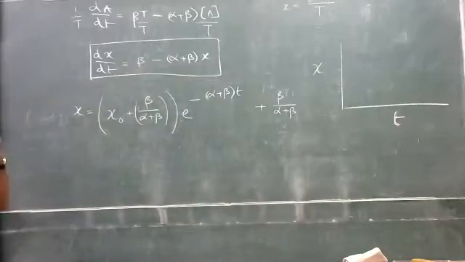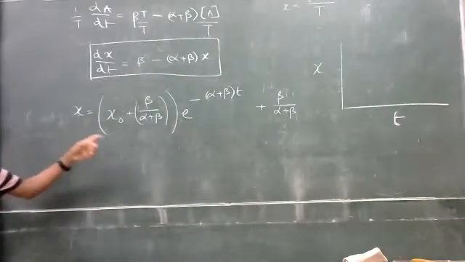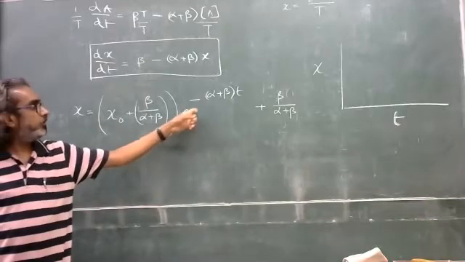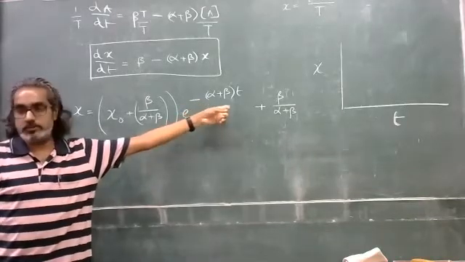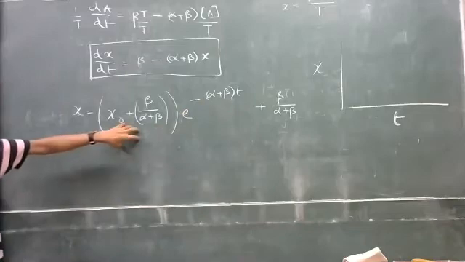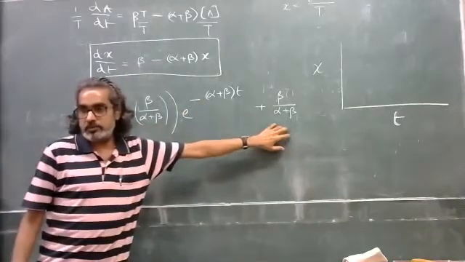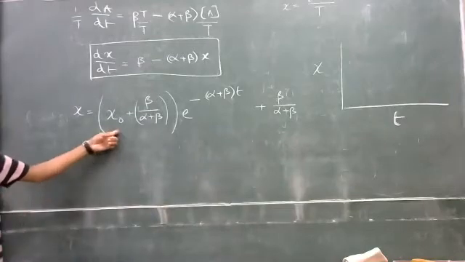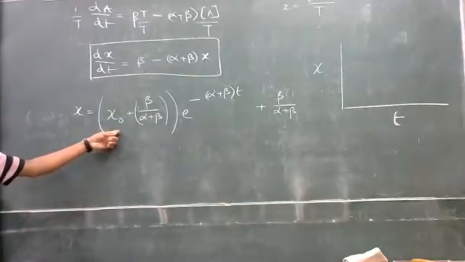So x changes with time in an exponential way, e power minus alpha plus beta t, and then you have a pre-exponential factor and you have a constant. So x0 is basically the concentration of A at time 0.